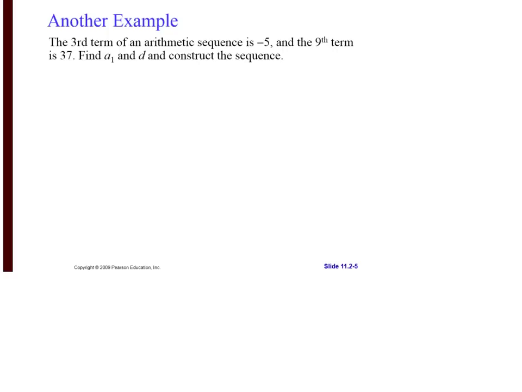So, a little bit harder problem. They want us to find the first term and the common difference when they tell me the third term and the 9th term. Well, let's see. What do we know?